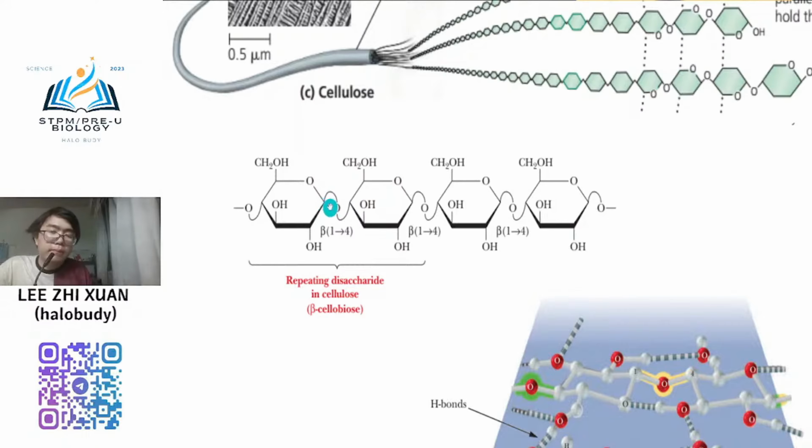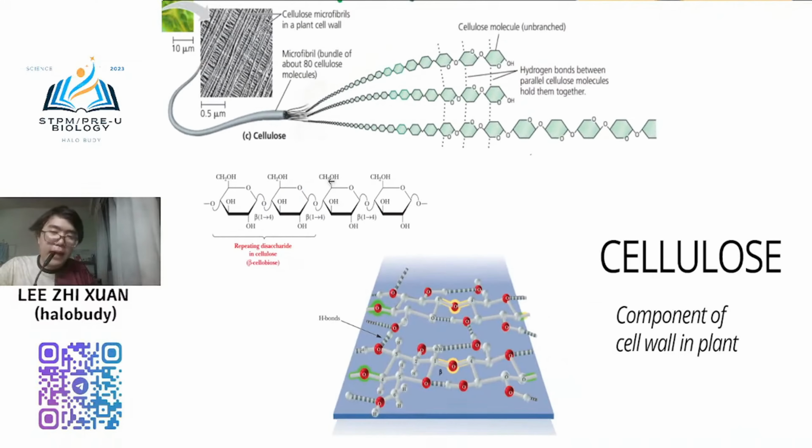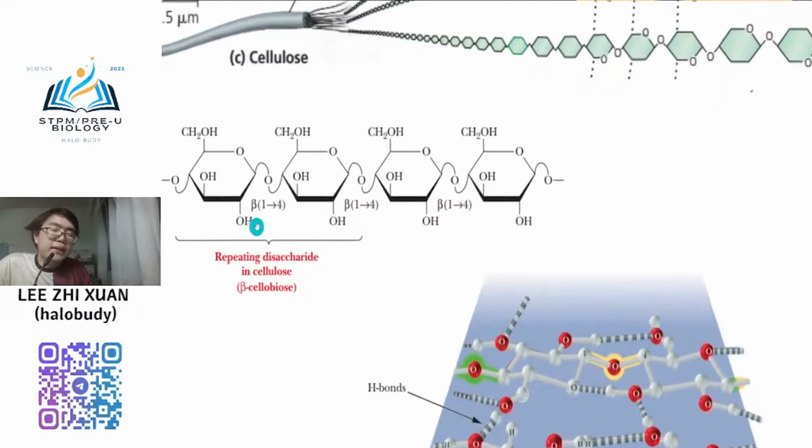If you notice, for alpha, the OH at carbon number 1 is at the lower part, but for beta glucose, the OH is at the upper part. So the main component is beta glucose, and the bond formed is the beta 1,4 glycosidic bond.